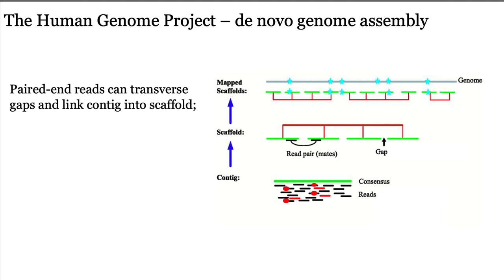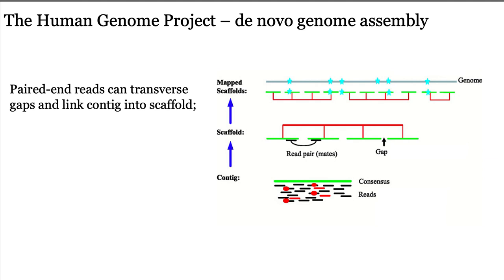And once we link contigs together, we call it a scaffold, just a concept. One difference between a contig and a scaffold is that in a contig, all nucleotides are known. In a scaffold, sometimes you can have a gap. When you do paired-end sequencing, we pre-select the size of the DNA fragment.